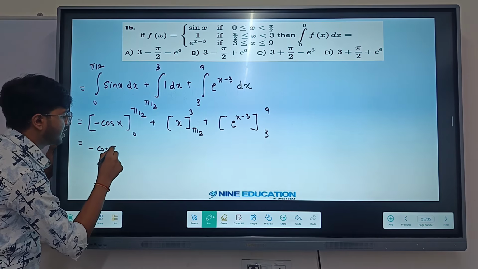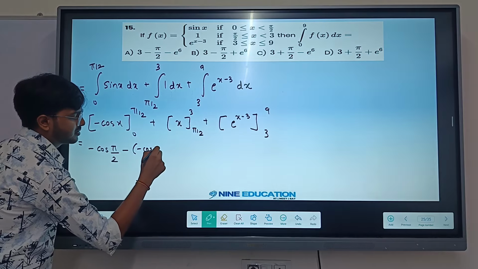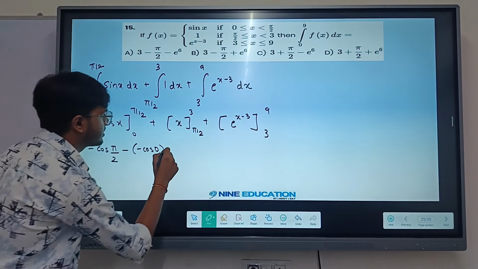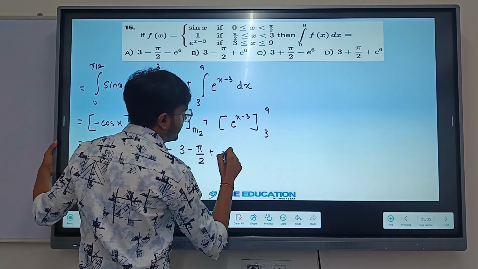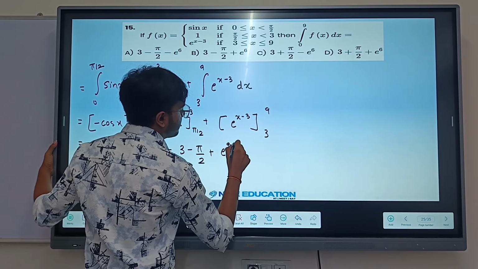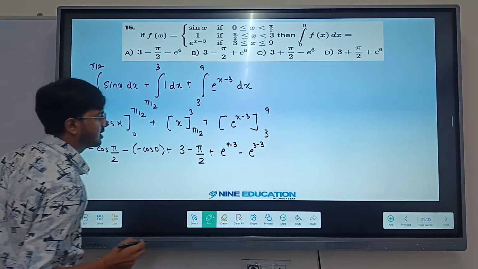Minus cos pi by 2 minus of minus cos 0, plus upper limit 3 minus pi by 2, plus upper limit 9, e power 9 minus 3, minus of e power 3 minus 3.